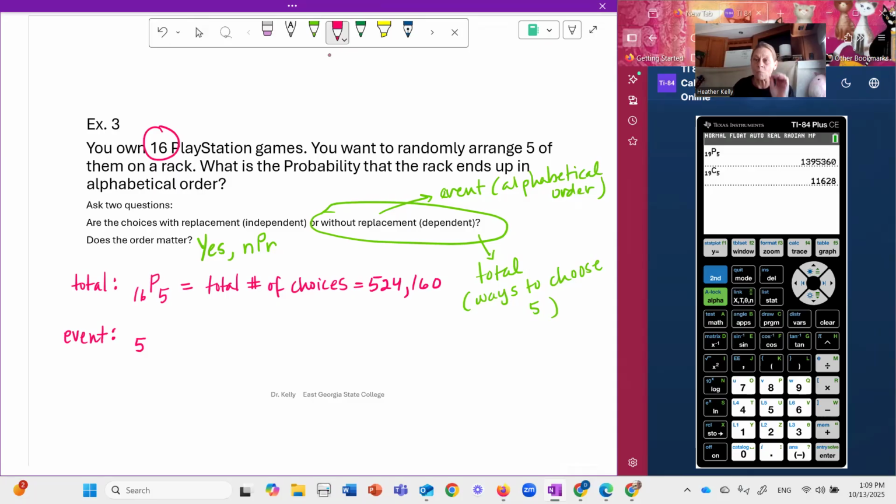Okay, so hear me out. From the 5 we chose, what's the probability that all 5 of them are in alphabetical order? So this is from the 5 we chose.